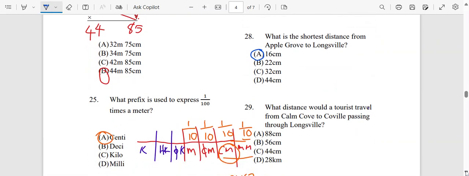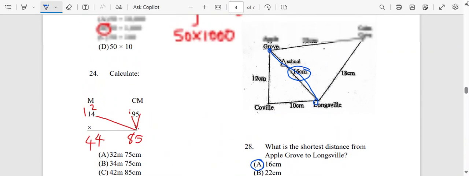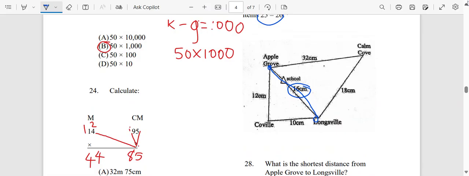Then it says here, what distance would a tourist travel from Calm Cove to Coville passing through Longsville? So let's look from here to here, passing through Longsville and then goes there. So we have 18 and we have 10.